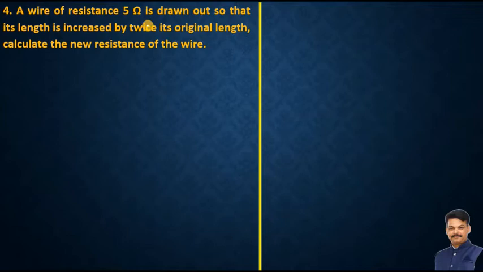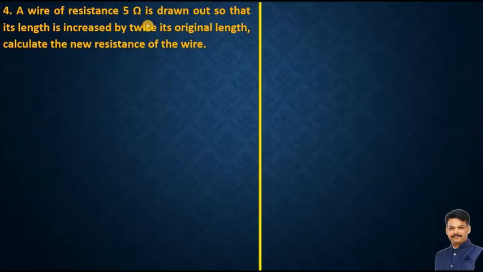So just to imagine this, if a wire is given to you and you stretch it or draw it into a wire of increased length, then as the length of the wire increases, its area of cross section goes on decreasing.